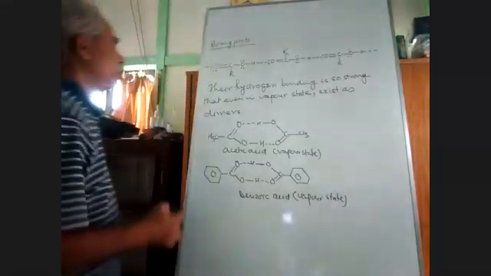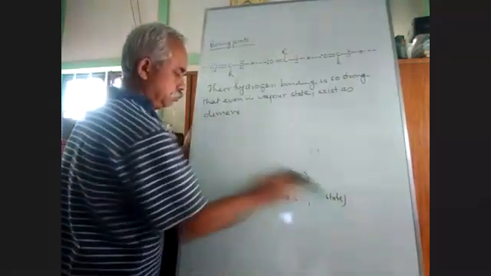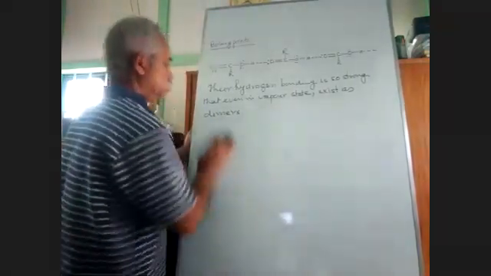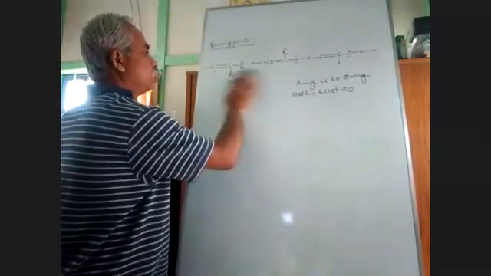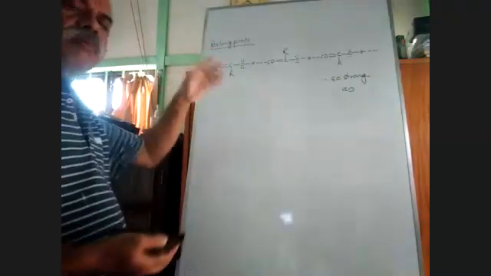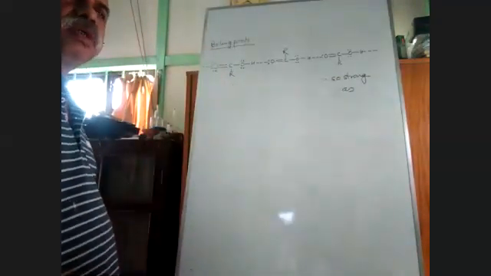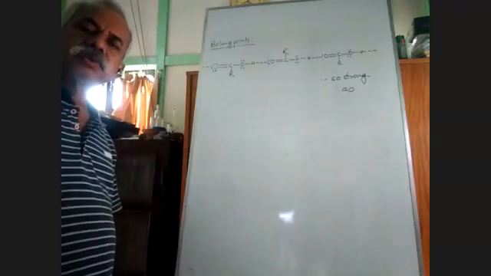Okay, now we'll go for melting point. Before going for melting point, I write one more point. Here we have compared, first we mentioned that boiling point is very high. Second, we compared with the other functional group.